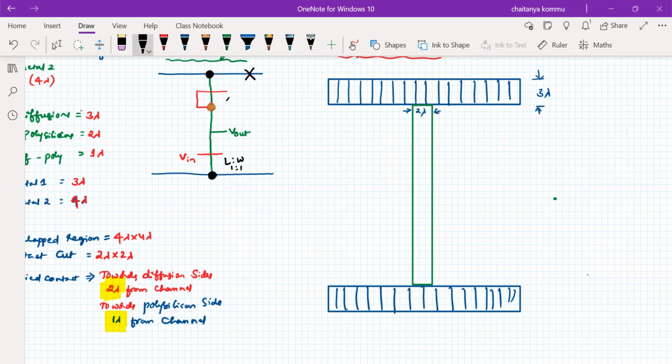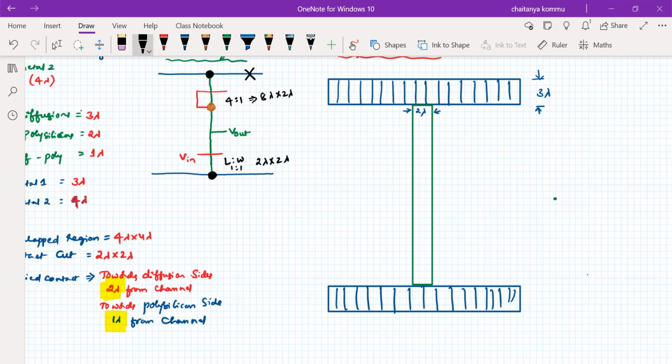Here it is 4:1 that I have to consider. Okay, so therefore here for the depletion type MOS transistor, length of 8 lambda is required and width is 2 lambda is required. Here it is 2 lambda by 2 lambda, the length to width ratio is 2 lambda by 2 lambda. That's what we have to consider for an nMOS inverter.